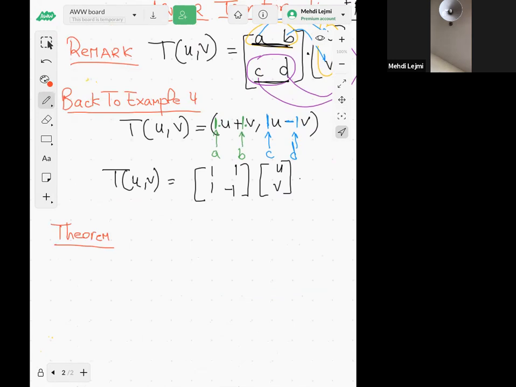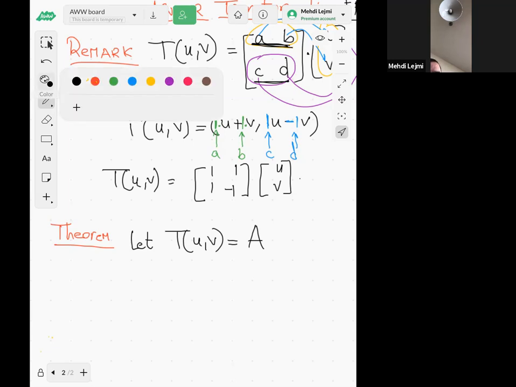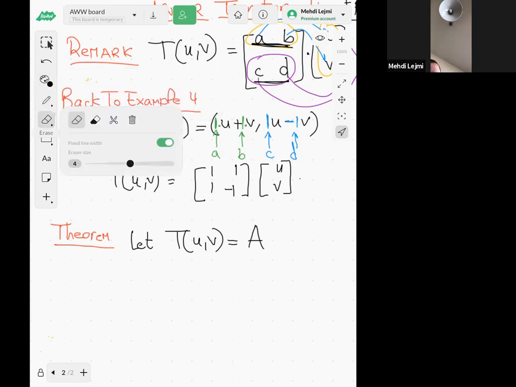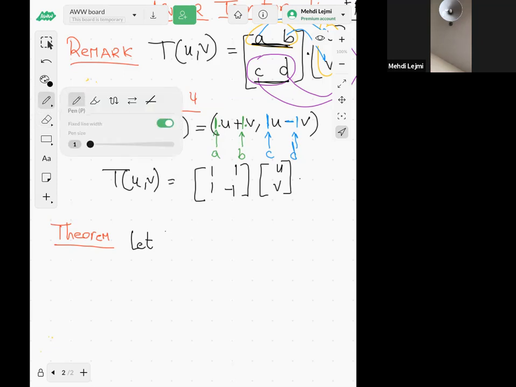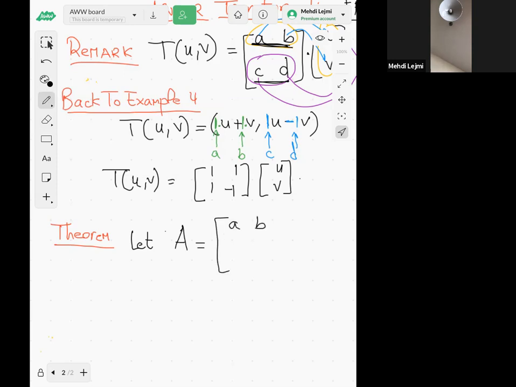So if you have a linear transformation T, let T of (U, V) be given by some matrix. Let me write down first the matrix A. Let the capital A be the matrix with rows A, B and C, D.